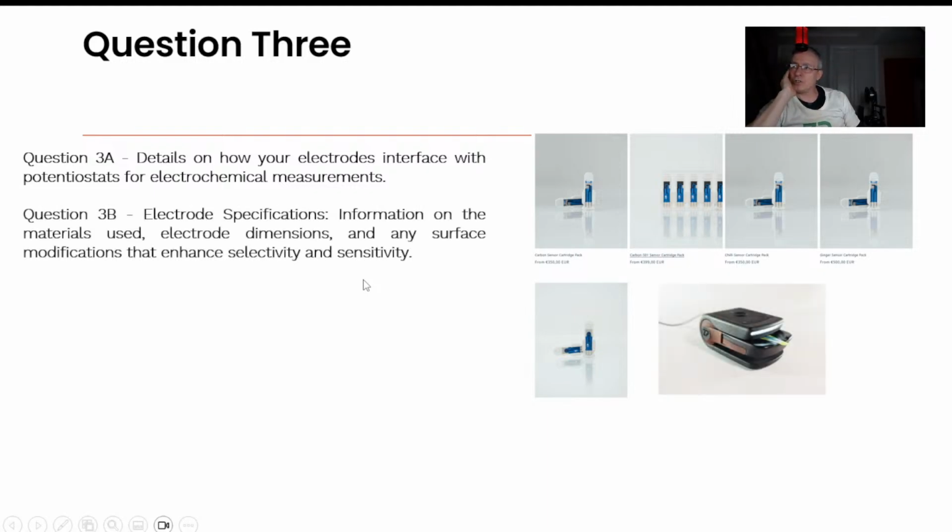People are interested here in electrode specifications and the materials that we use. The materials that we use at ZP are primarily carbon, probably graphite, gold and platinum. We enhance selectivity and sensitivity.